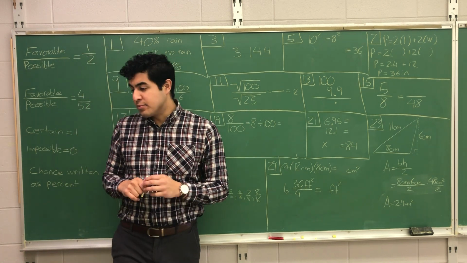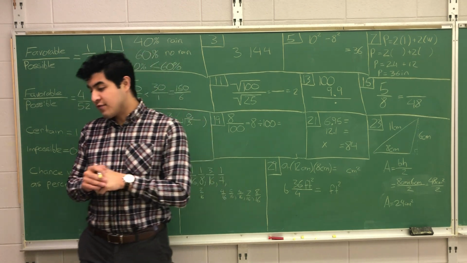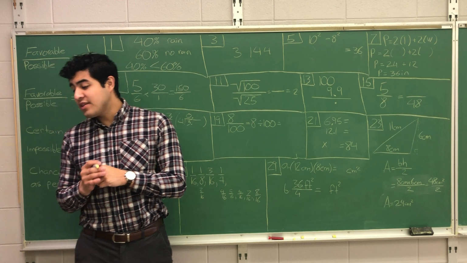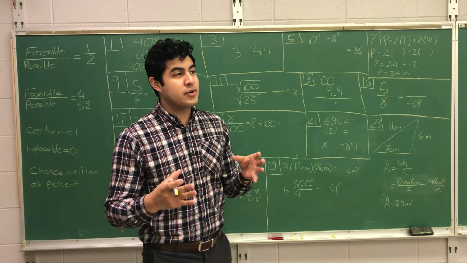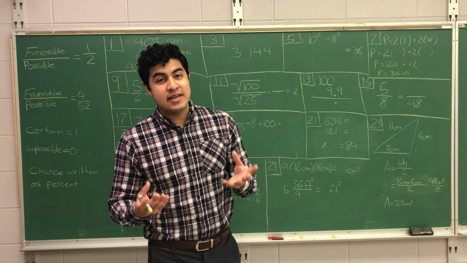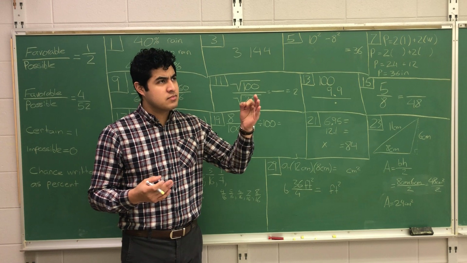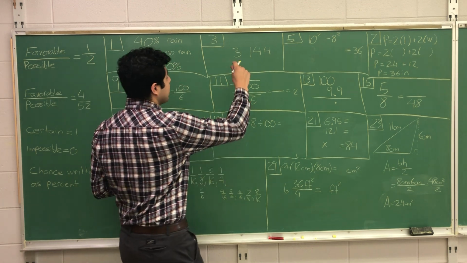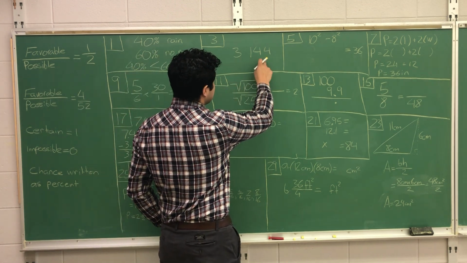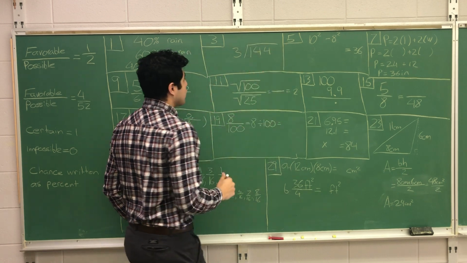Let's go on to problem number 3. The sum of 3 numbers is 144. Then what is the average of the 3 numbers? You remember to get an average, we have to add the numbers together and then divide by the amount of numbers. So in order to find the average, we've got to divide the total by 3.